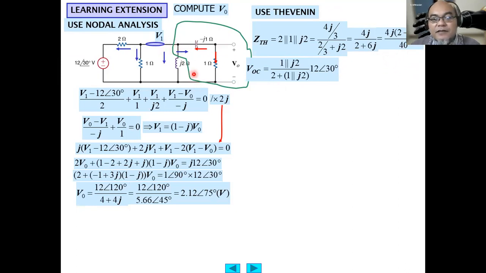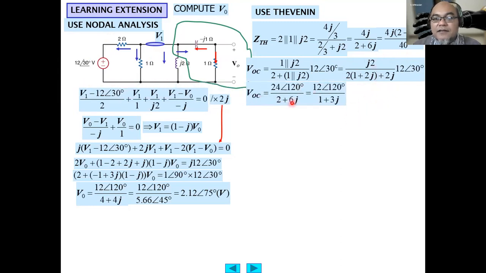For the open circuit voltage, we can calculate using the voltage division formula: 1 parallel j2 divided by 2 plus 1 parallel j2, multiplied by 12 with phase angle 30 degrees. So we obtain this, and finally this is the simplified version.